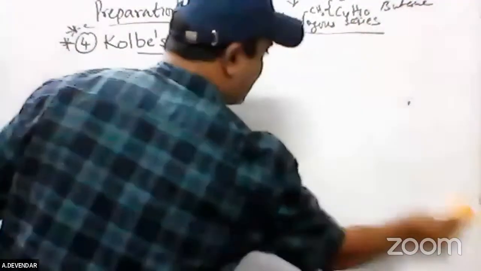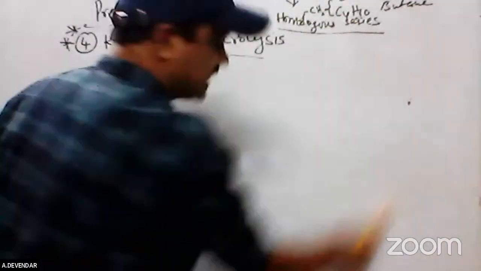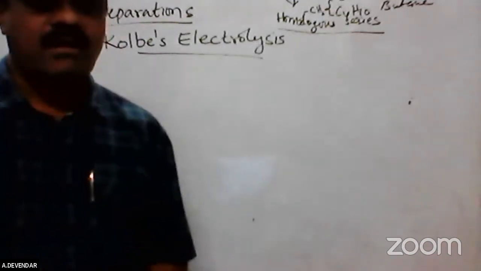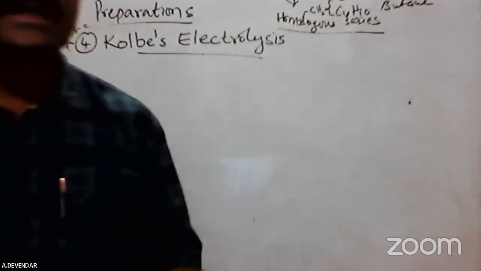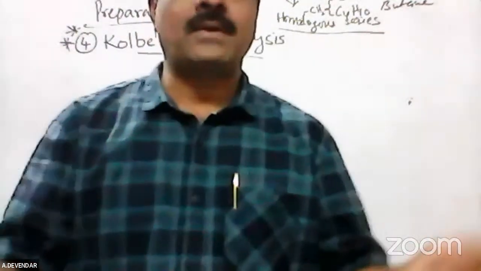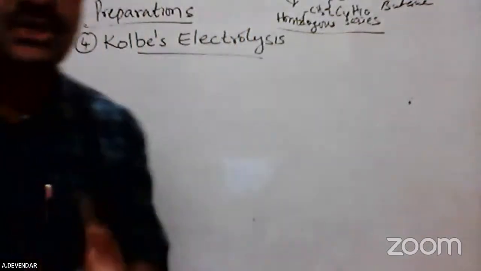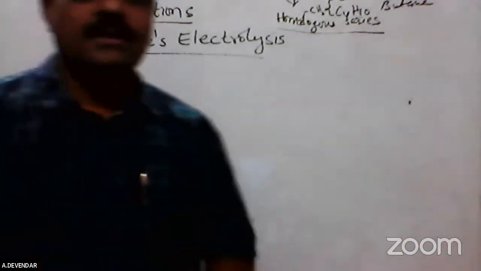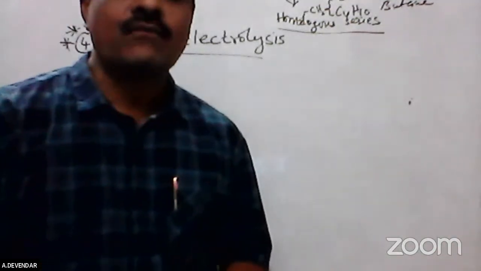What does electrolysis mean? You already know that electrolysis means keeping two electrodes and connecting electricity so that the process occurs. An aqueous solution is required here, particularly of the sodium salts of fatty acids.